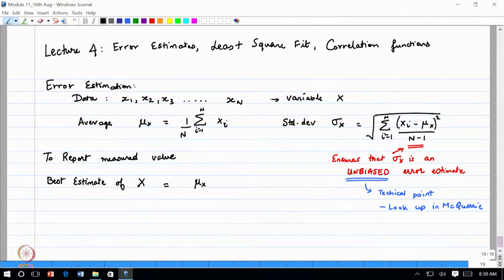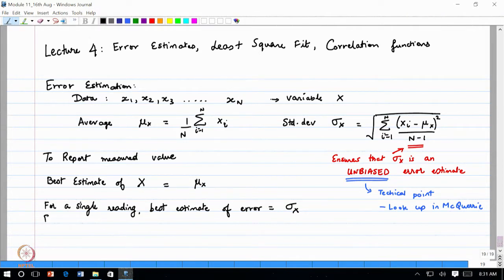The best estimate for x that you can get is the average value of x, and that is what you usually report. Okay, but actually it is a technical point that this is an estimator of x. Now for a single reading, the best estimate of error is equal to sigma x.